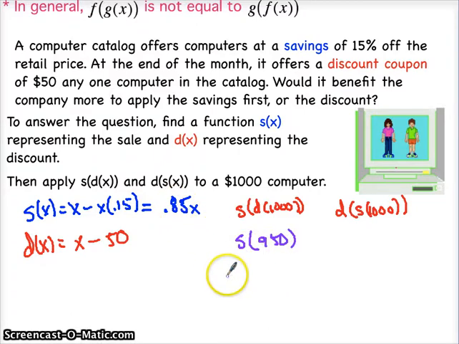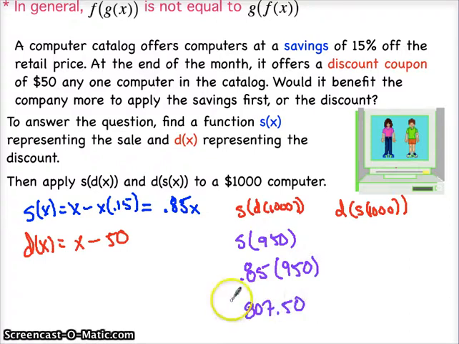Then I need to take 85% of that, or essentially 0.85 times 950. Plugging my 950 back into the S here, you get $807.50. Again, you can check that number on your calculator.